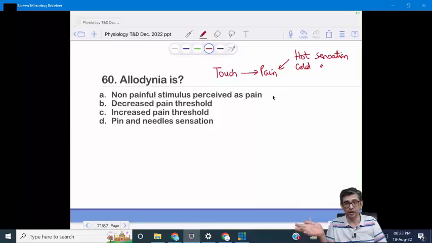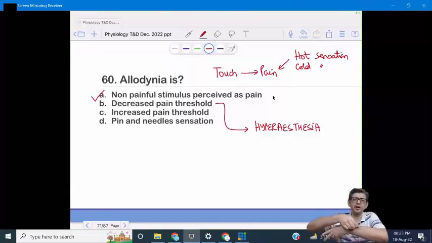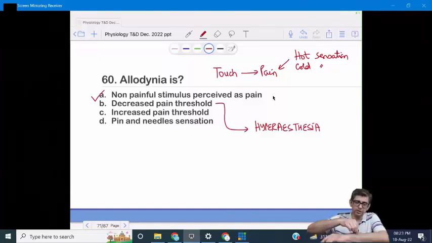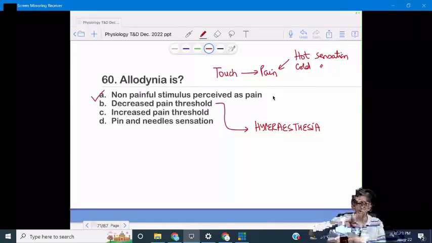It is not decreased pain threshold. Decreased pain threshold is called hyperesthesia. It means I gently pinched the patient. If I pinch myself gently it's not hurting me, but if you pinch gently and somebody starts crying in pain as if you cut my body into half, that is hyperesthesia. But if I only touch somebody and it is causing pain, touch is causing pain, cold sensation is causing pain, that is allodynia.